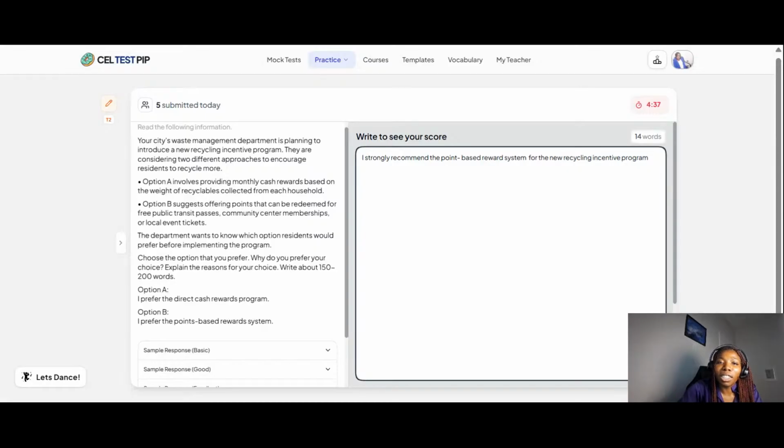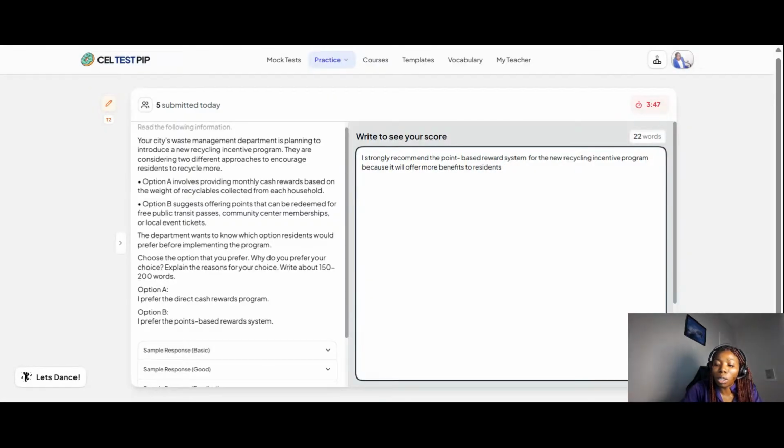Sorry, recycling incentive program, because it will offer more benefits to residents. Or let me just say, to offer more benefit to residents.